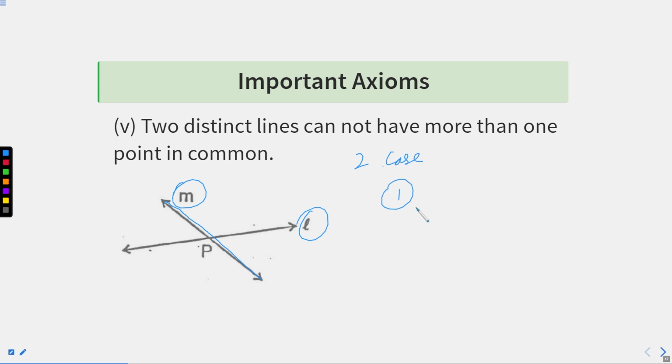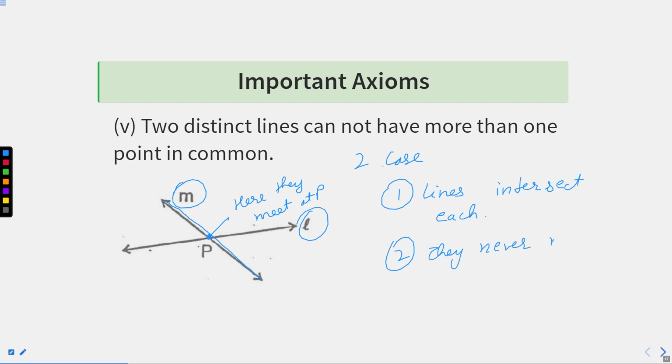One case is when the lines intersect each other. Intersect each other means they meet at a point. Here they meet at P. And the second case is they never meet, or they are parallel lines.